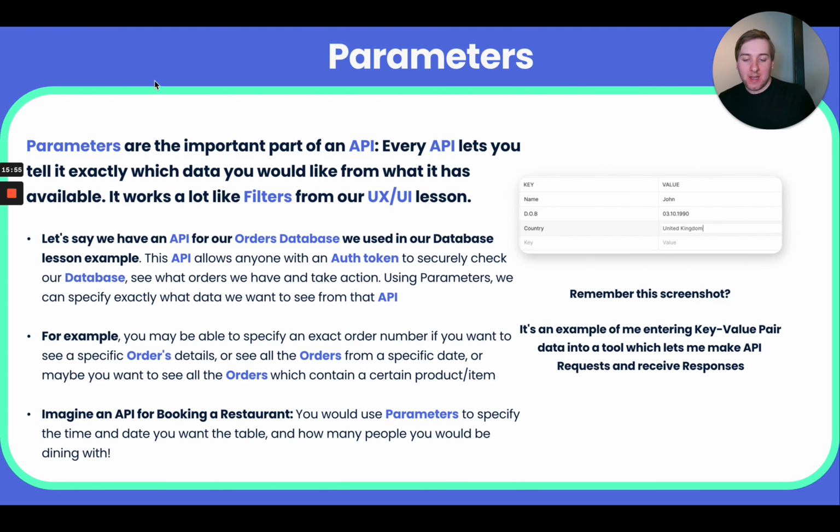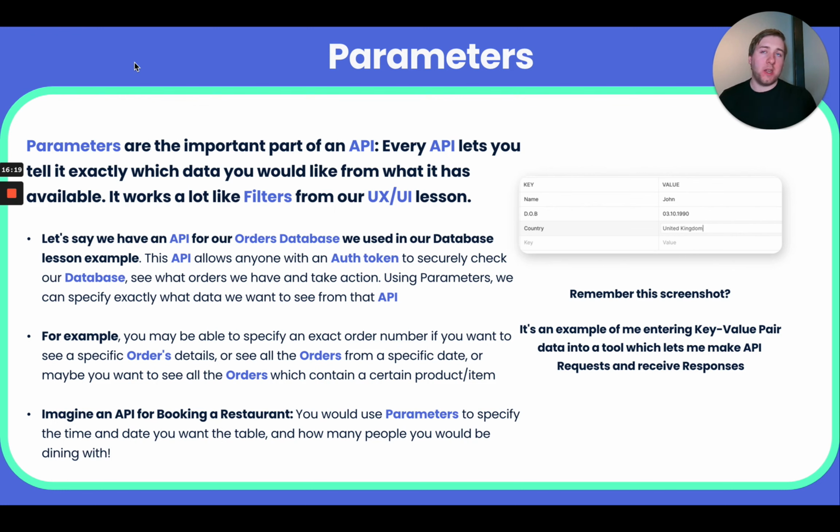So let's talk a little bit about parameters. This is probably the most important part of the API. If you've already looked at our UX and UI lesson, and you probably won't have by now, we have this concept of repeating data lists, which is just a list of data, and for that list of data you can filter it.